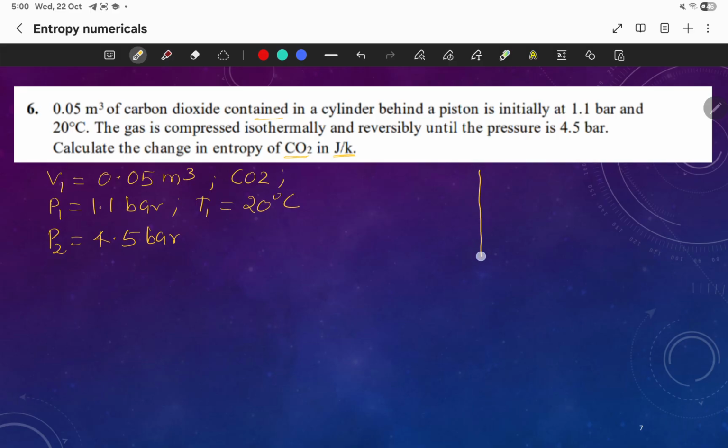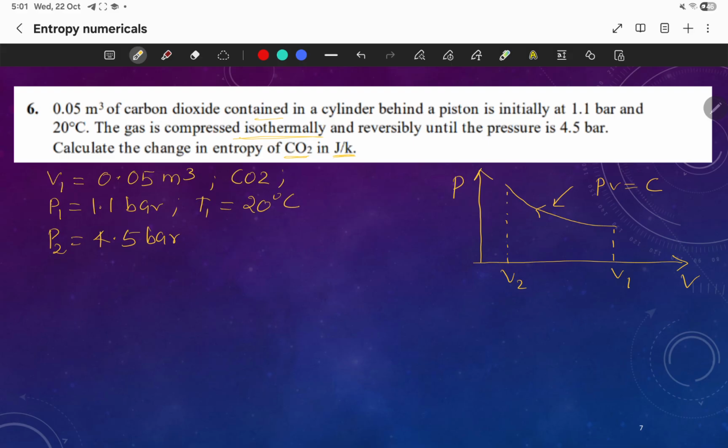Now let's try to draw this curve on PV. So what is happening here? The gas is compressed isothermally. Okay, so what will happen? So this is compression. Okay, and this is isothermal curve, that is PV equals constant. So this is V1, this is V2.